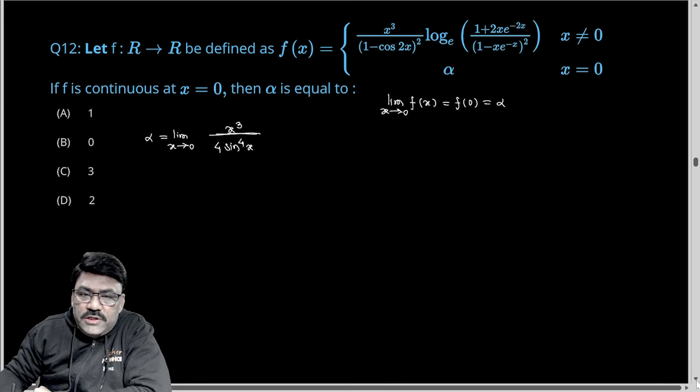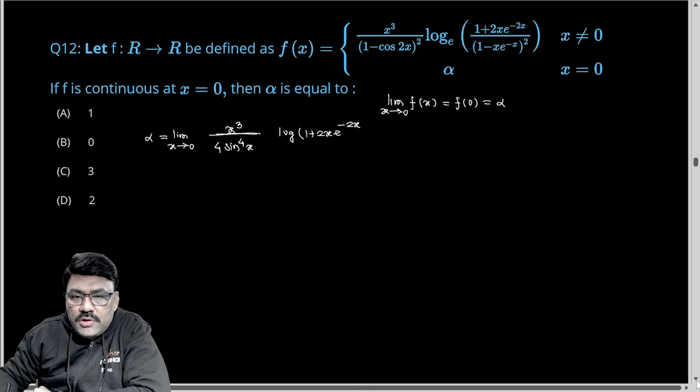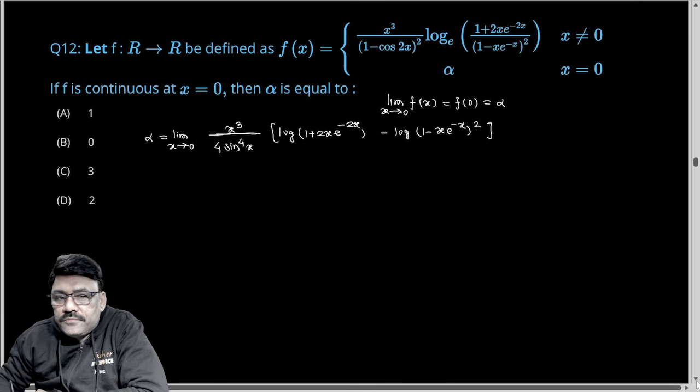Now this log can be written as log of (1 plus 2x e raised to minus 2x) minus log of (1 minus x e raised to minus x) whole square. Log m by n is log m minus log n.